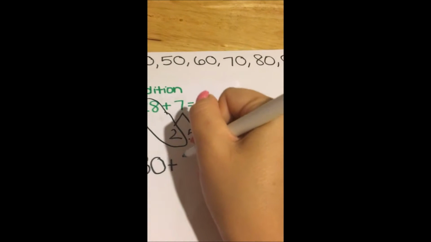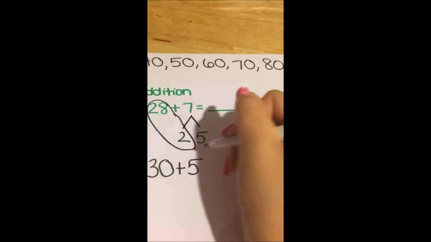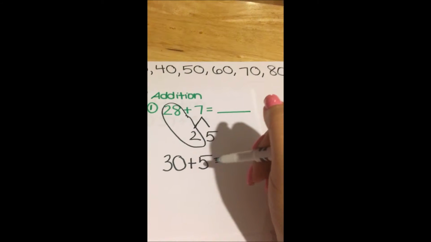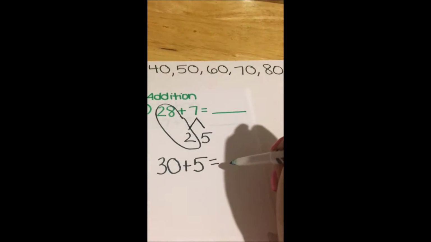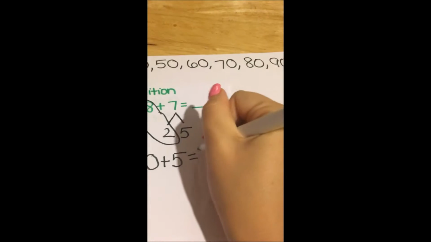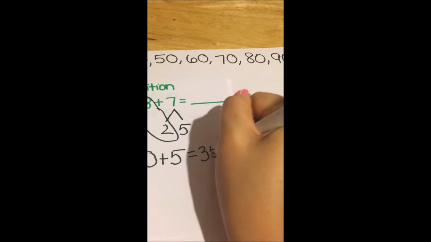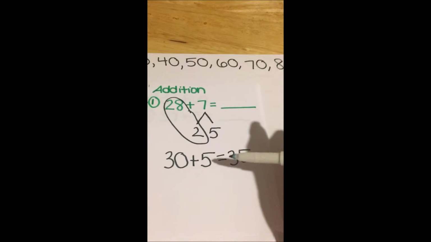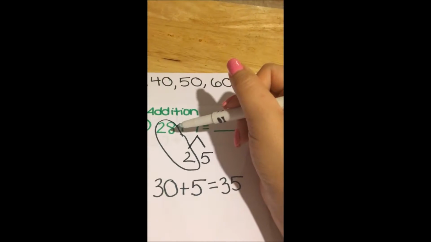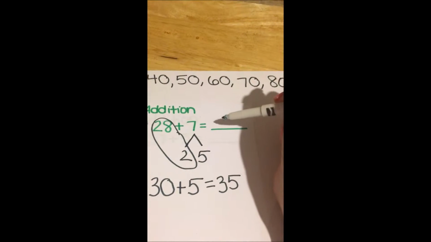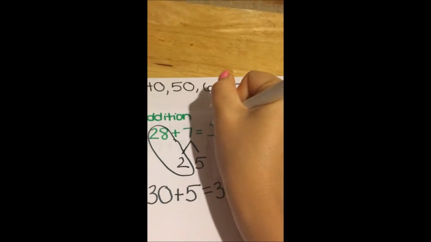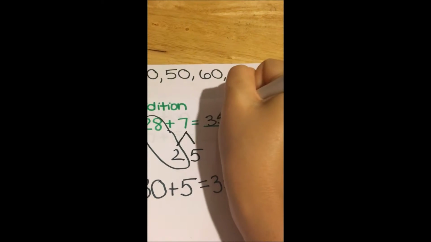So we bring down the 5. 30 plus 5 equals 35. So if 30 plus 5 equals 35, we can assume that 28 plus 7 equals, good job, 35.